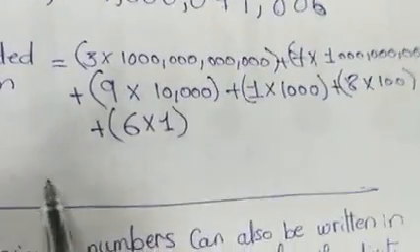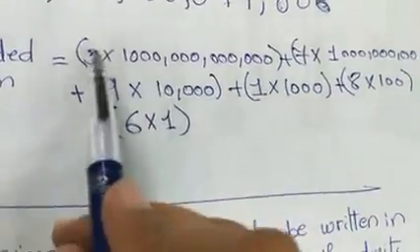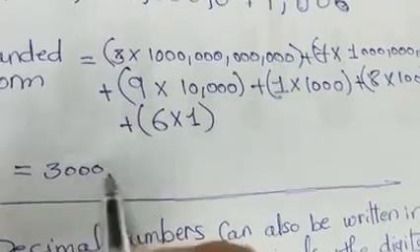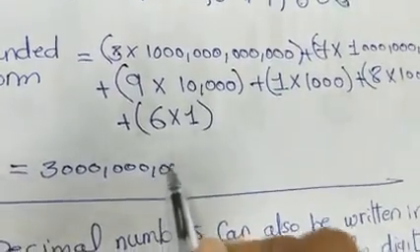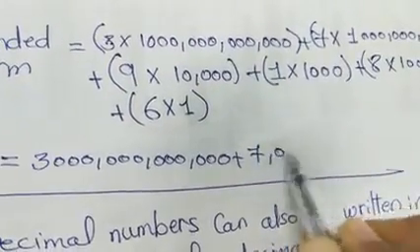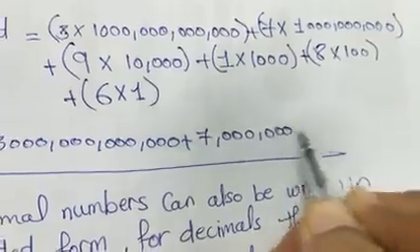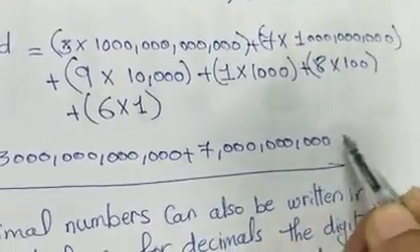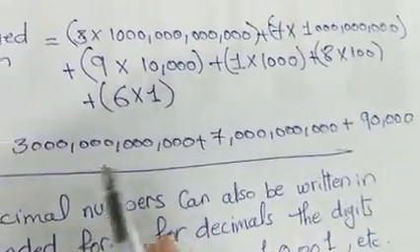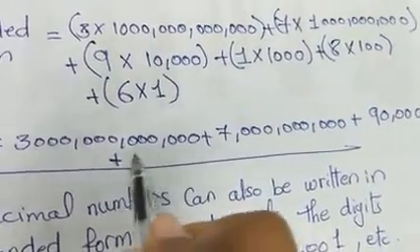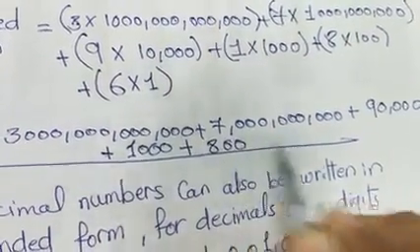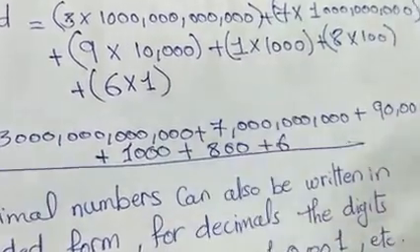If I want to type it in another way, I will have the sum of the products. It will be equal to 3 trillions, plus 7 billions, plus 90 thousands, plus 1000, plus 800, plus 6.